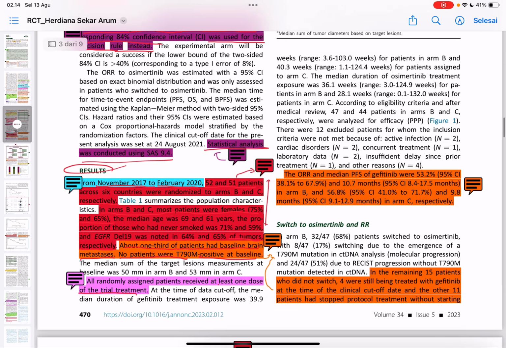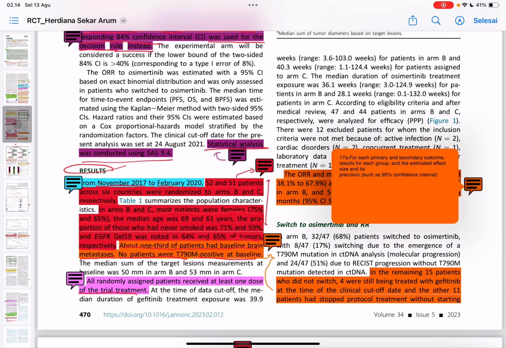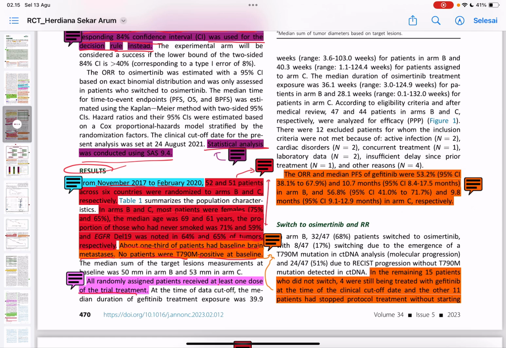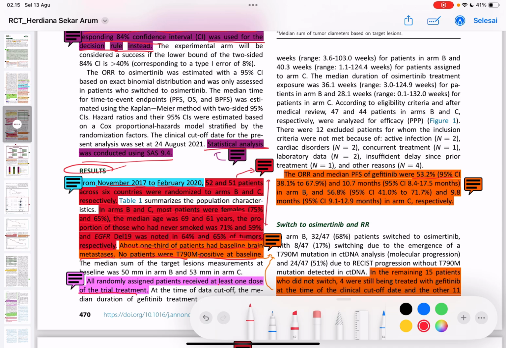Next, we have for each primary or secondary outcome, results for each group and the estimated effect size and its precision, such as the 95% confidence interval. And in here there are 95% CIs in arm B and in arm C respectively.